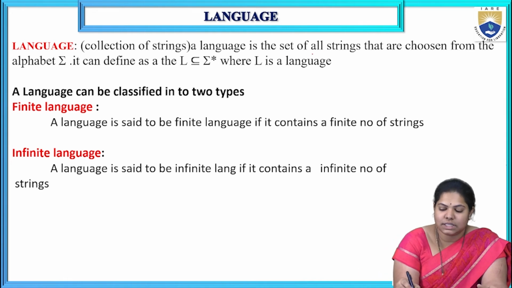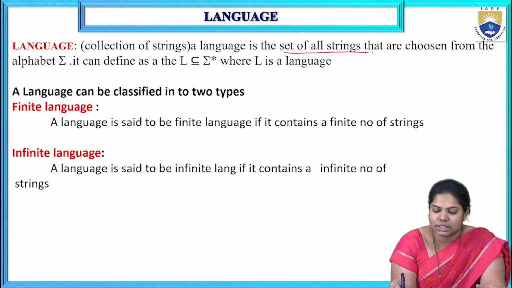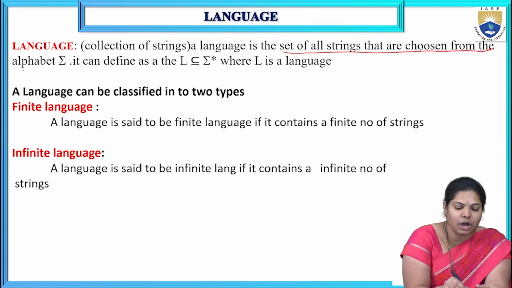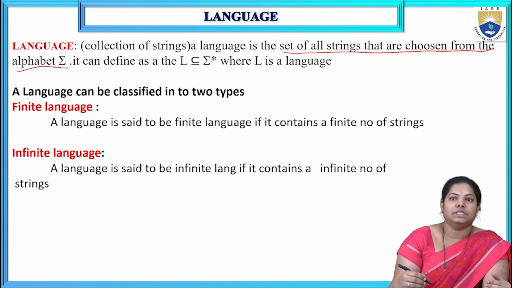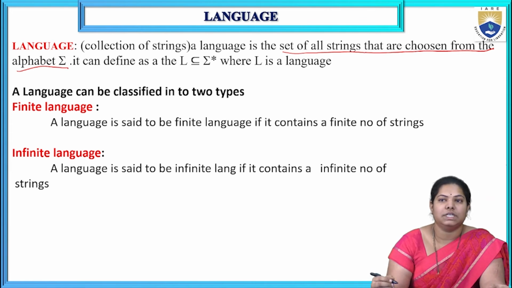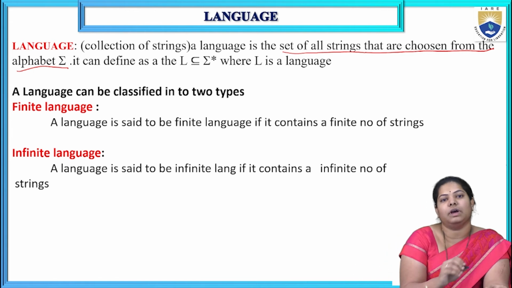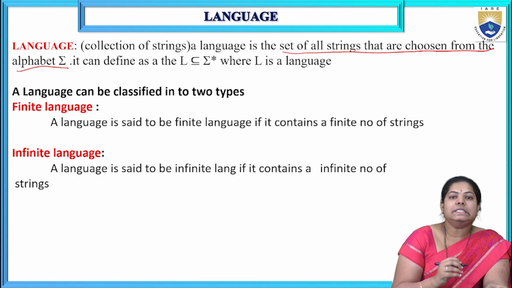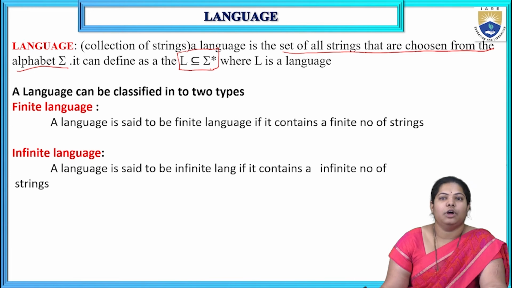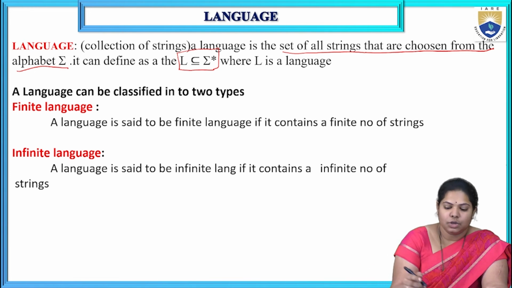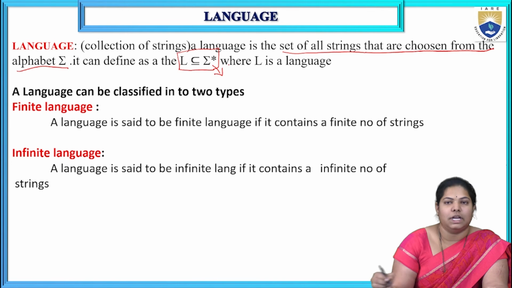A language is a set of all strings that are chosen from the alphabet. It is denoted by L is a subset of sigma star. A language is a subset of sigma star. So what is this sigma star?